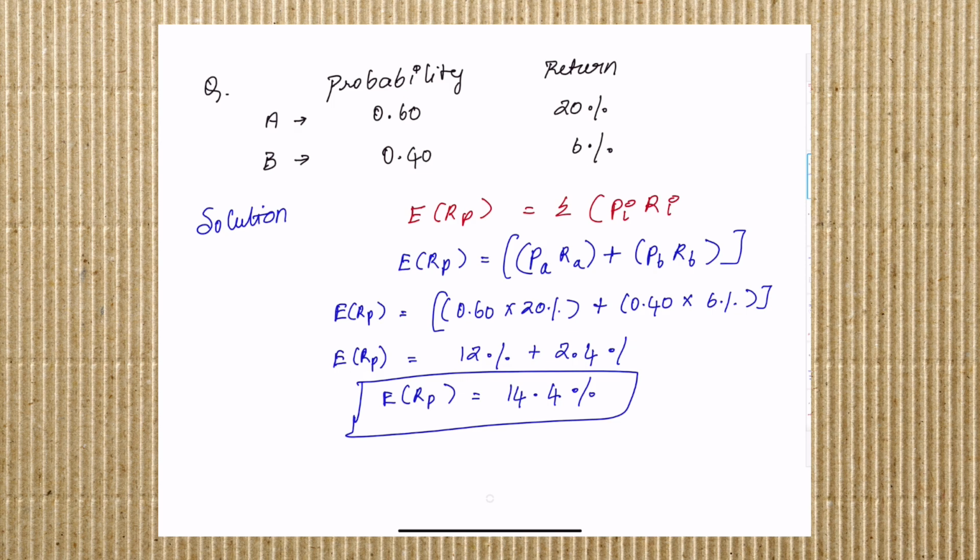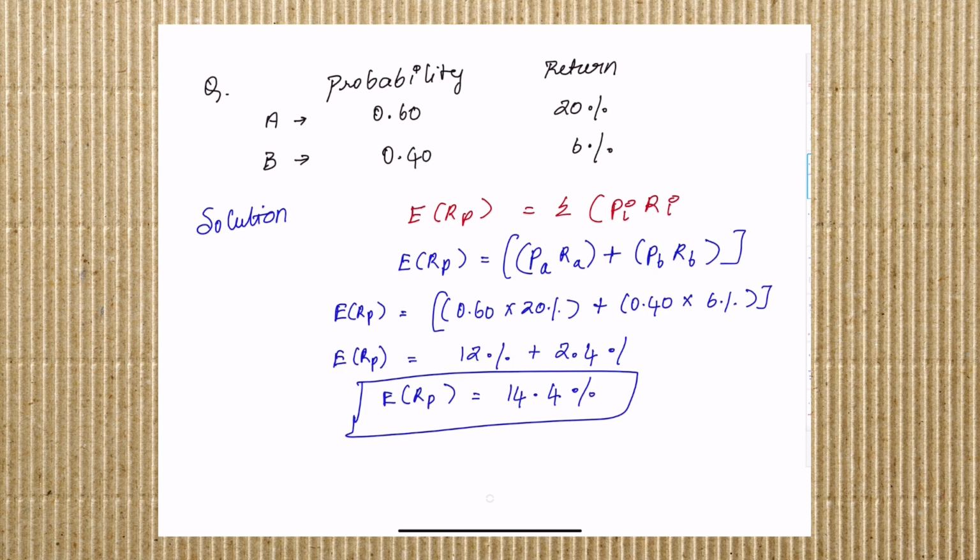You're saying the stock is going to give 20%, and the probability of this 20% is only 60%. If the probability were 100%, you would get the entire 20% return. But a portfolio is not like that. It's an expected return, so the expectation is only 60%. Now let us come to stock B. The return is 6%, and the probability of earning the 6% return is only 0.40 or 40%.